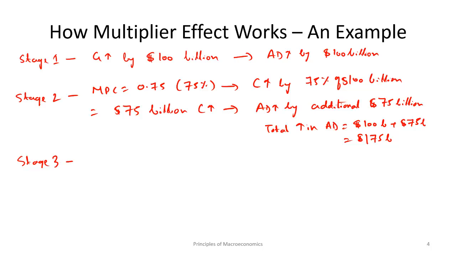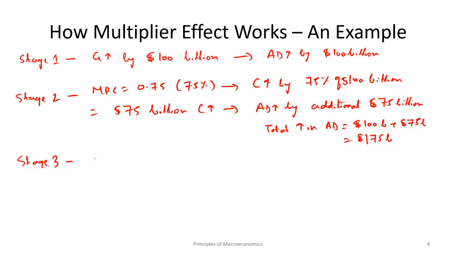Now stage 3. The moment you go out and spend that $75 billion, it becomes somebody's income, right? But again, our MPC is 75%. So in the next round, we spend 75% of $75 billion.